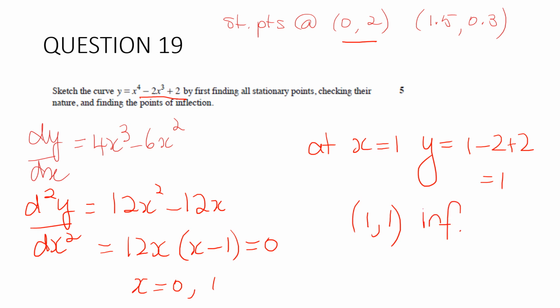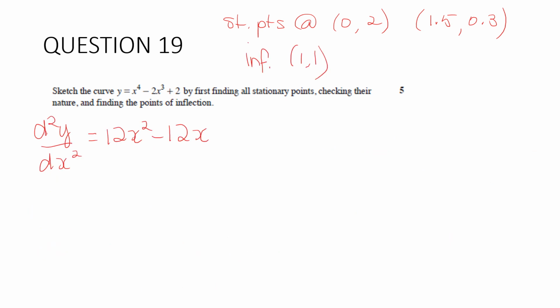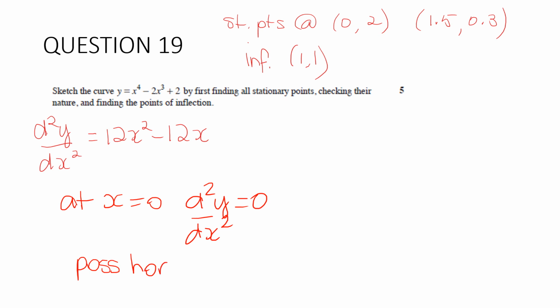Now let's use our second derivative to test the nature of our stationary points. Now we already know that at x is equal to 0, our second derivative is also equal to 0, and so this is a possible horizontal inflection, and we will need to investigate further.